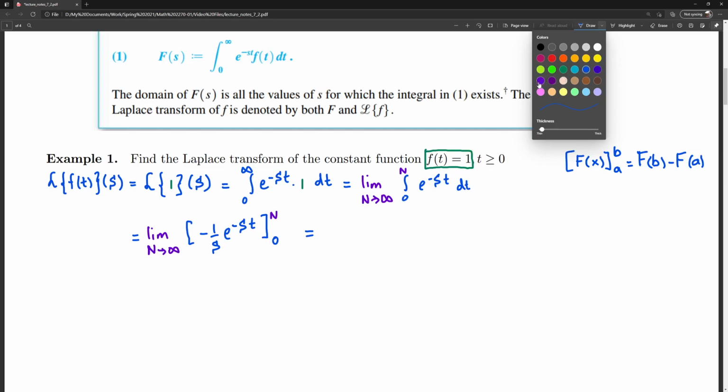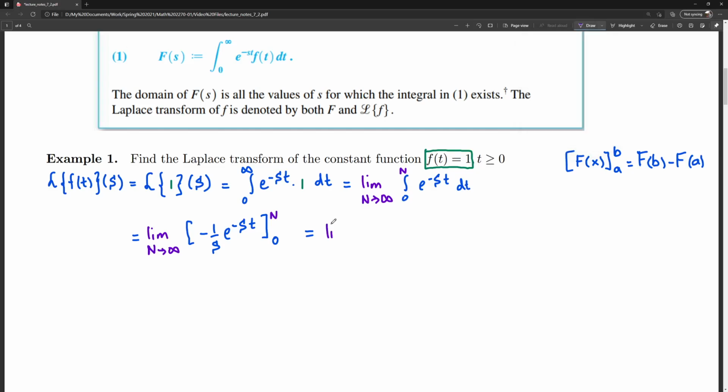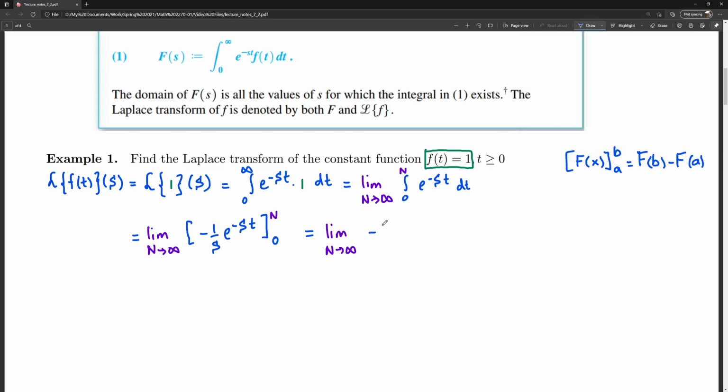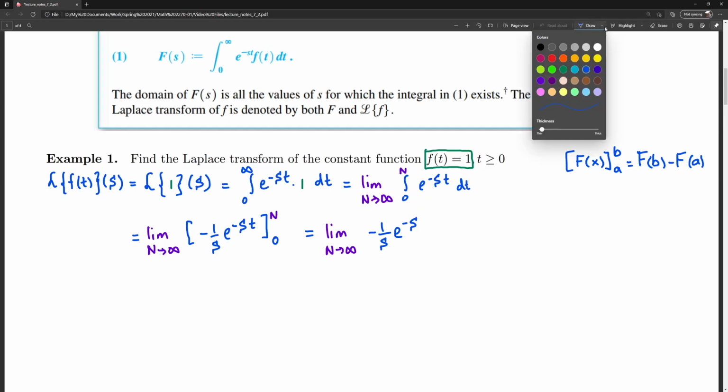And all the while, I still have the limit as n goes to infinity. If I plug in n in the first part, I get negative 1 over s times e to the power negative s times n.